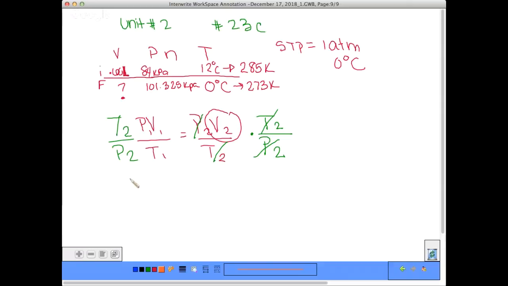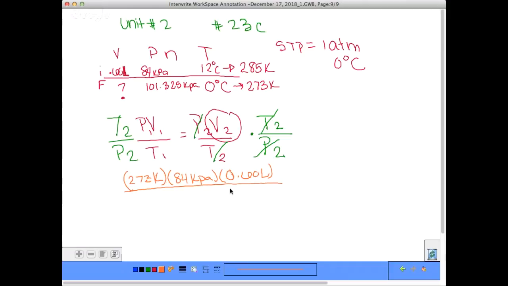So let's go ahead and start plugging things in. We get 273 kelvins times my original pressure, which is 84 kilopascals, times 0.60 liters.